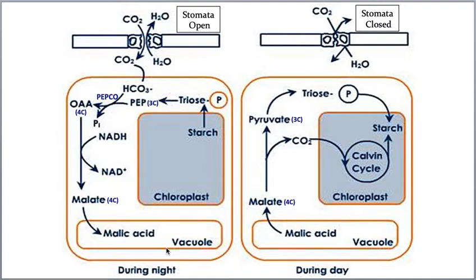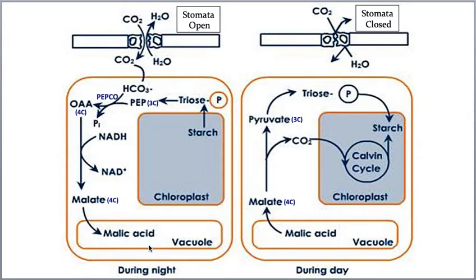The whole night this continuous process goes on, carbon dioxide keeps coming in, PEP formation keeps taking place, and this accumulation of malic acid takes place in the vacuole. So the vacuole helps in the storage of the malic acid.